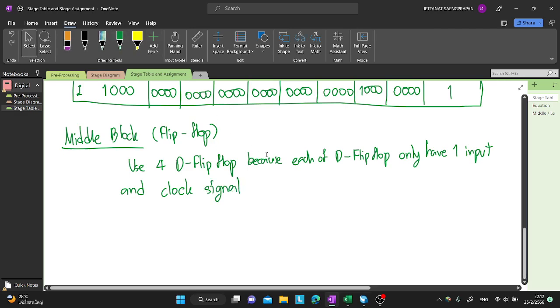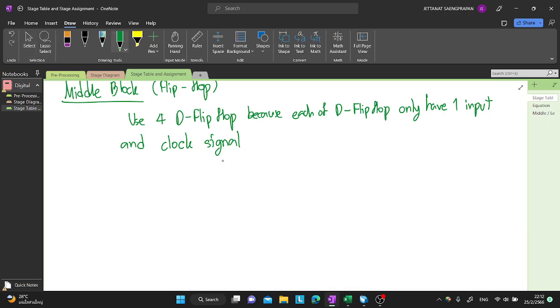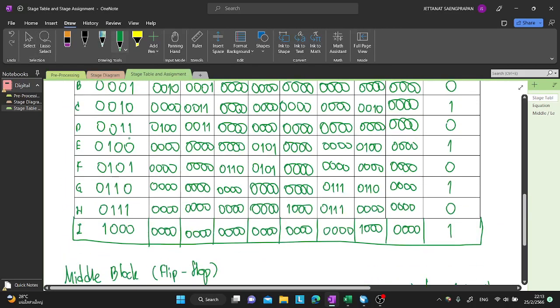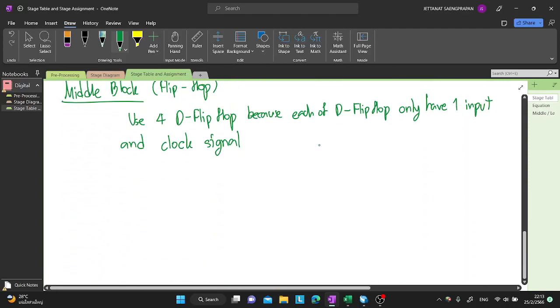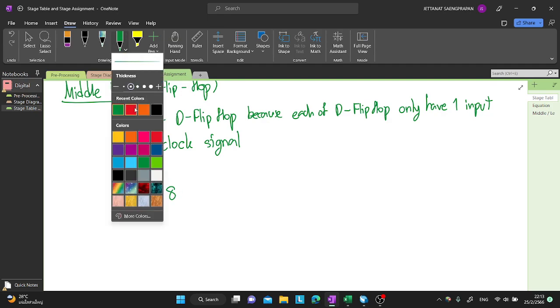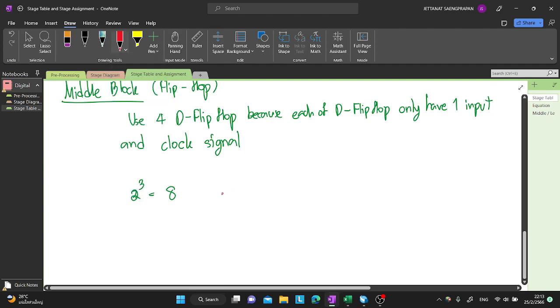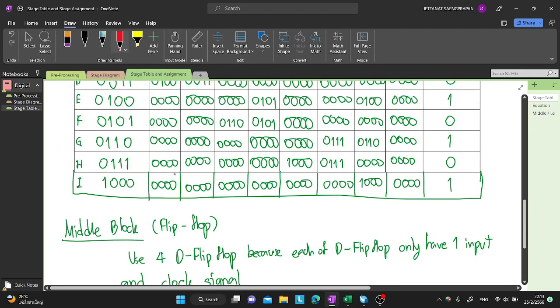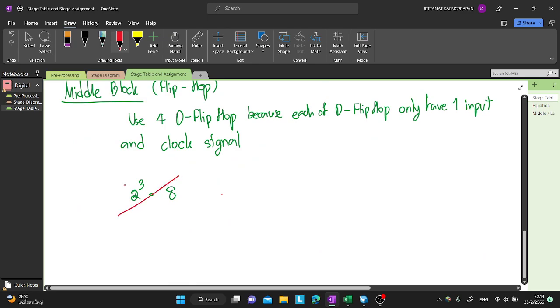So why do I use 4 D flip-flops? Because the design has 9 states. If I use 3 flip-flops, that's 2 multiplied 3 times, which means it only covers 8 states. But in this design I use 9 states, so this cannot work and it's not correct.